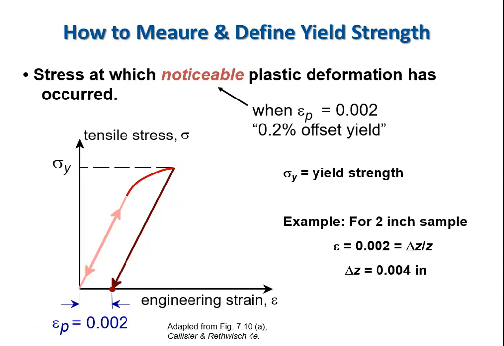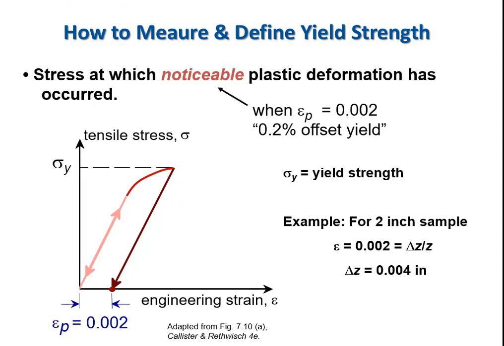The biggest mistake a lot of people make is to go over 0.002 and then draw a vertical line straight up to hit their measured stress strain curve, and of course that will underestimate the yield stress. So we go over 0.002 strain for the 0.2% offset, and then we draw up parallel to the elastic regime, and where we hit the measured curve is the defined 0.2% offset yield stress.